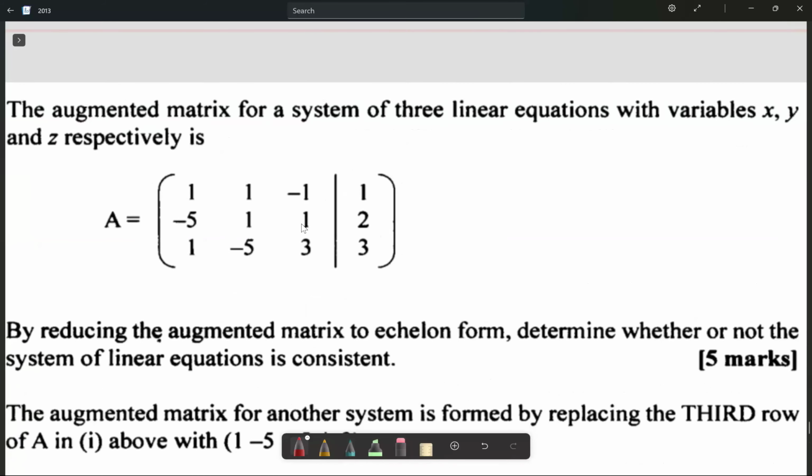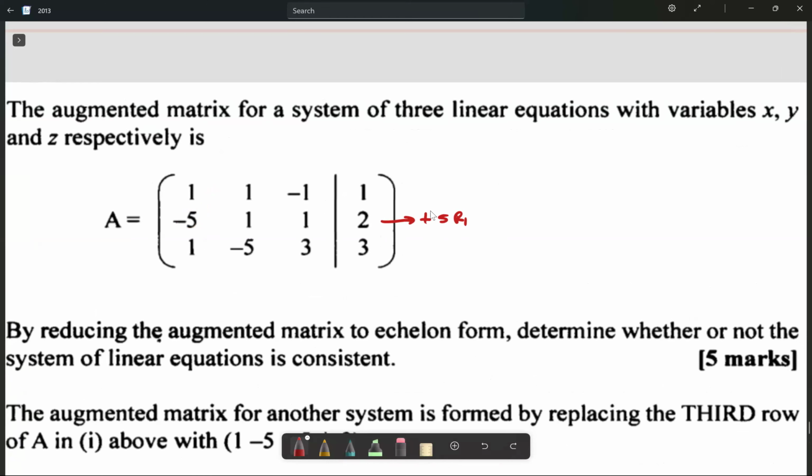And we're going to say that row 2 will become row 2 plus 5 times row 1. Why do we do that? Because we want to cancel out this term. So how do we cancel this first number? We're going to times this by 5 and add it. Make sense? Okay.